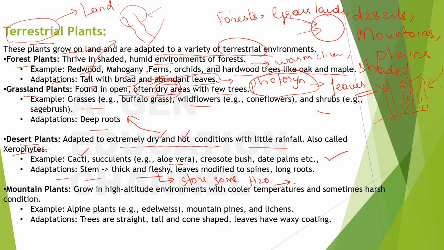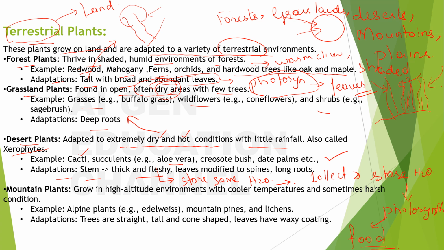Okay, so the thick and fleshy stem, what can it do? It will collect and store water. And what does it do with water? Just think again. Why do they need water? They need water for photosynthesis, right? Why photosynthesis? Photosynthesis is a process by which the plant can make its own food, right? So we are done with this, right?